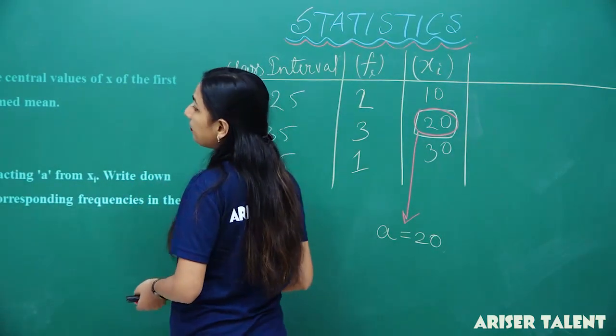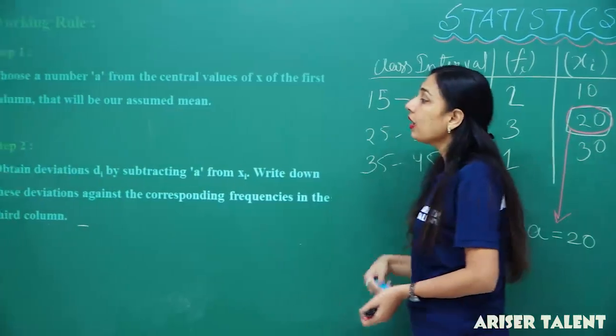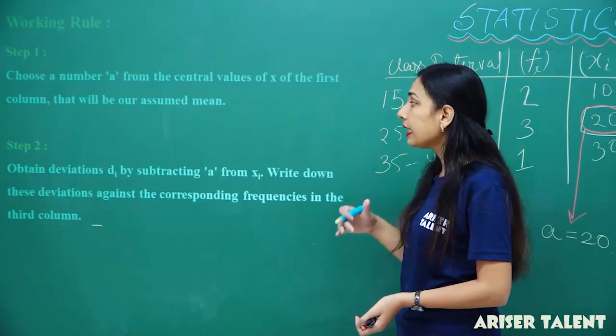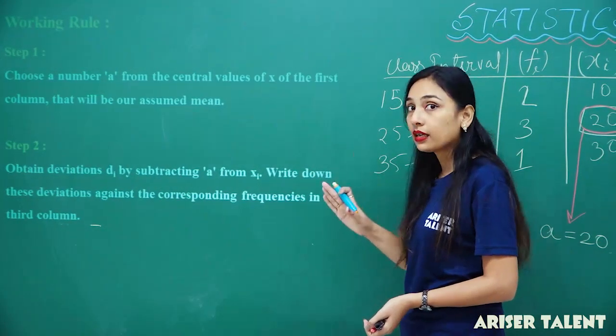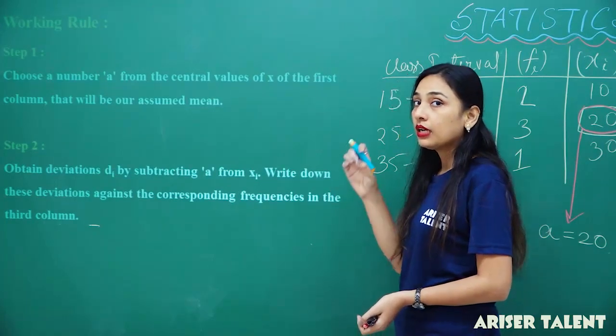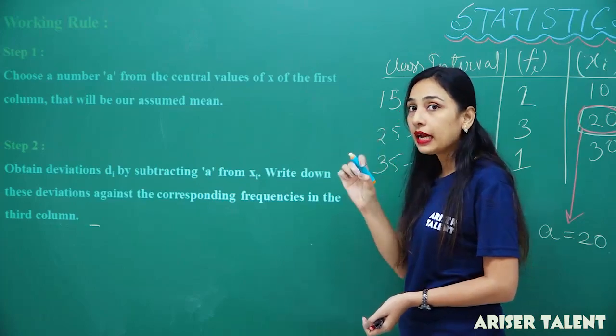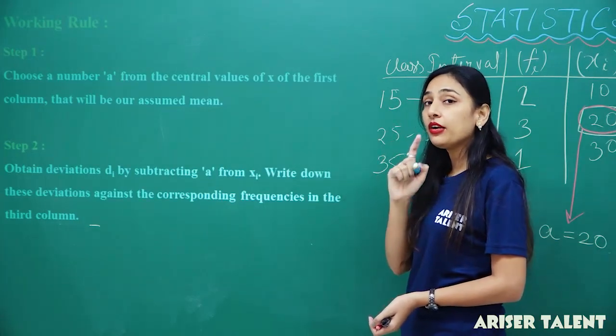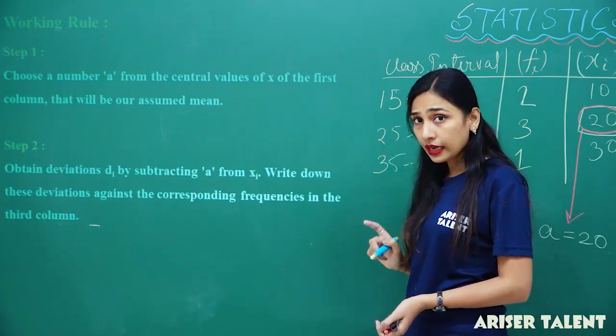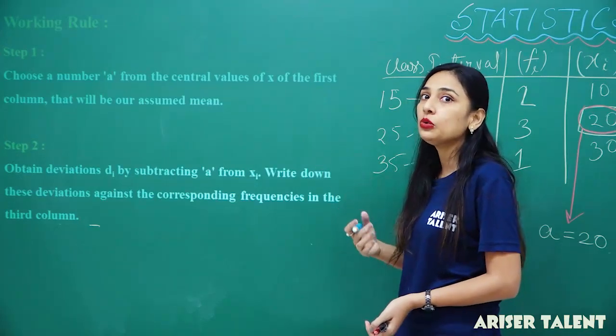In the next step, we obtain the deviation di by subtracting A. Listen to this carefully: di is the deviation we are talking about. Why have we inserted i? Because we are going to have many values.